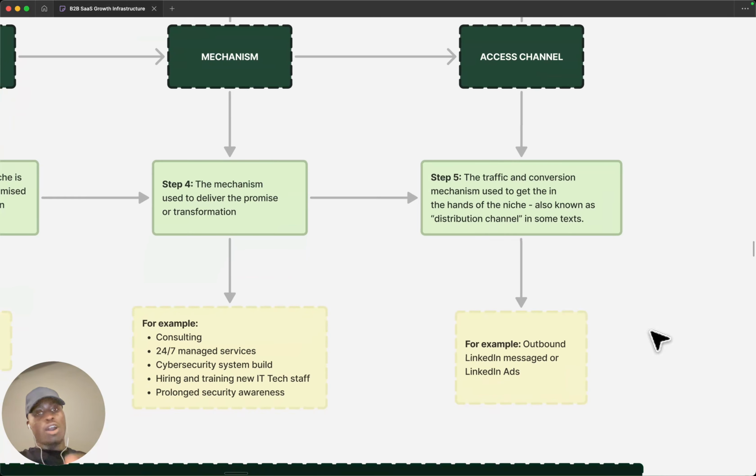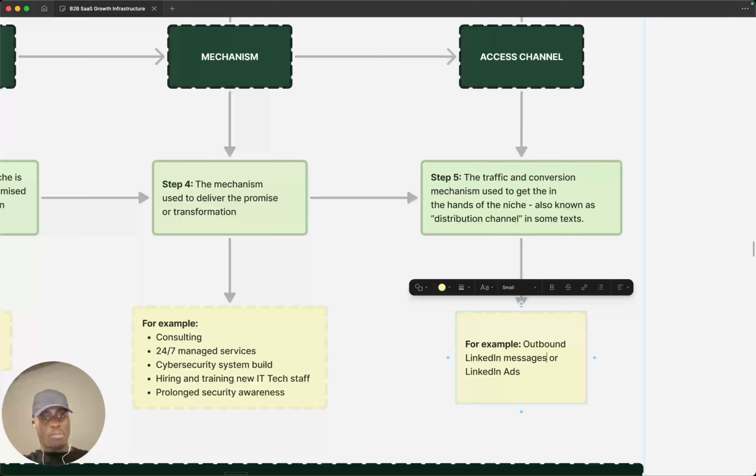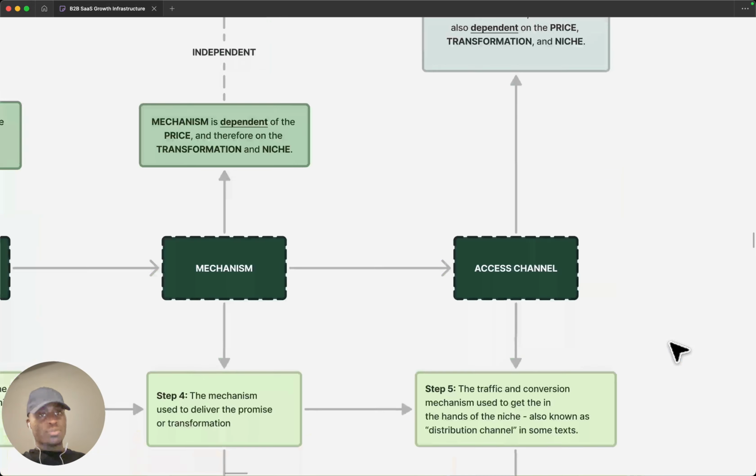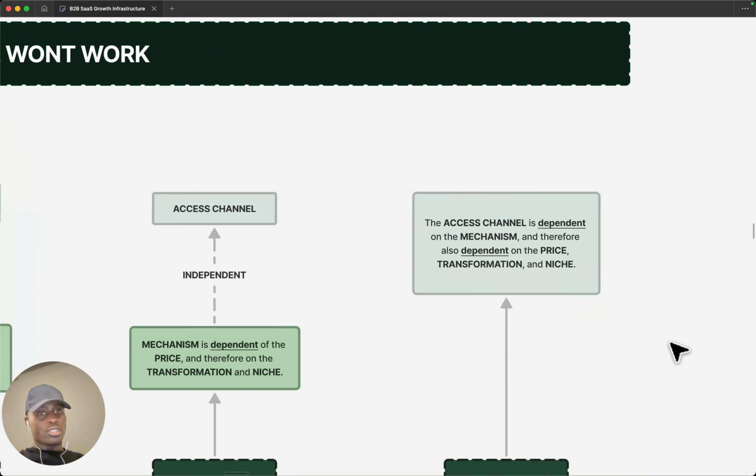For example, this could be outbound LinkedIn messages, LinkedIn ads, Meta ads, or Google AdWords. And again, this is dependent on the mechanism, therefore also dependent on the price, the transformation, and of course the niche.